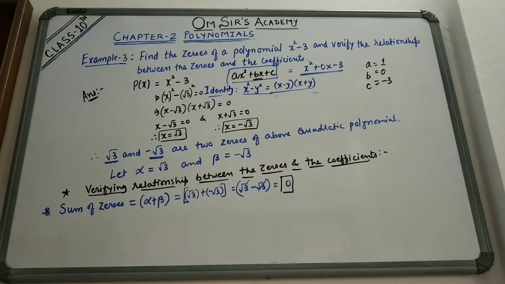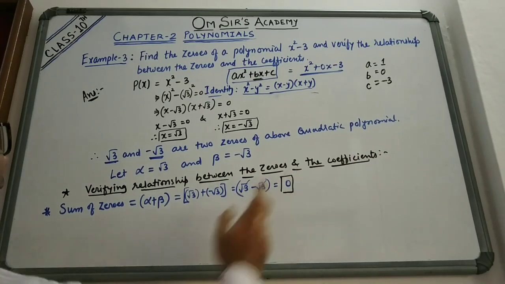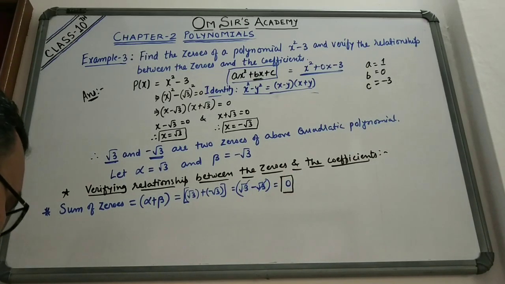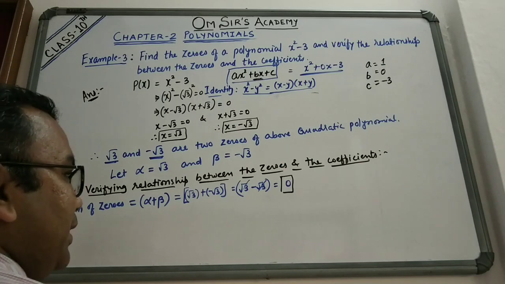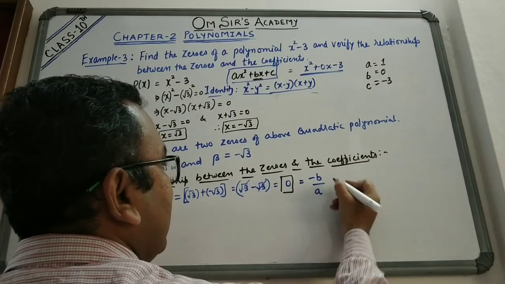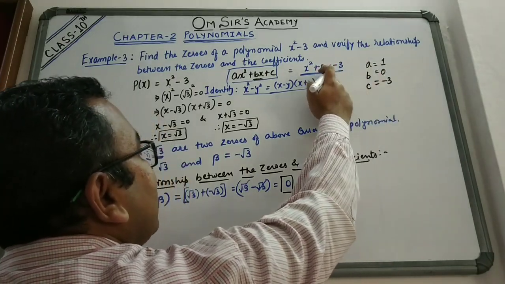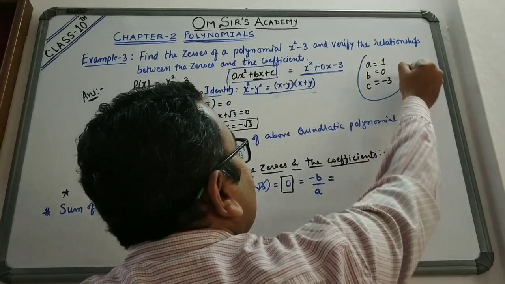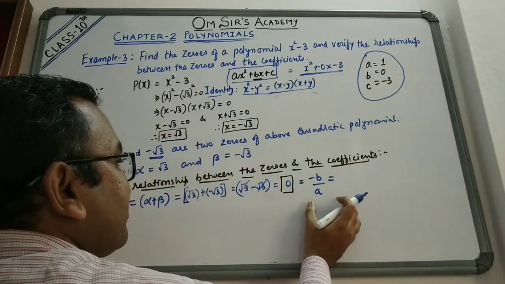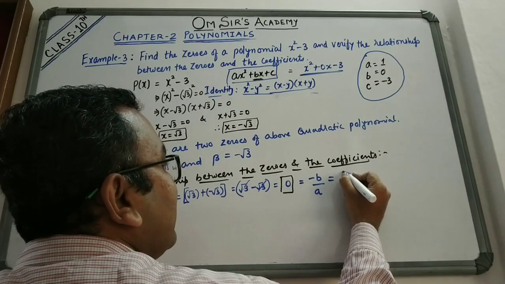Is it clear? So these should be equal to what? Sum of zeros जो है वो किससे इक्वल होना चाहिए? माइनस बी अपॉन ए से इक्वल होना चाहिए. So that should be equal to what? माइनस बी अपॉन ए. तो what is my value of b friends? b यहाँ पे 0 था, तो ये a b c की वैल्यू अभी कोएफिशिएंट्स में काम आएंगी. तो b was 0, so it is minus b is what?